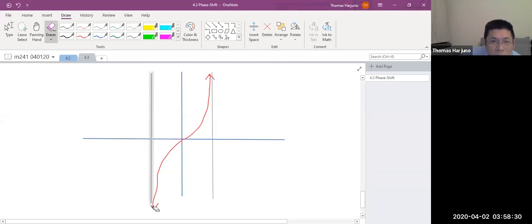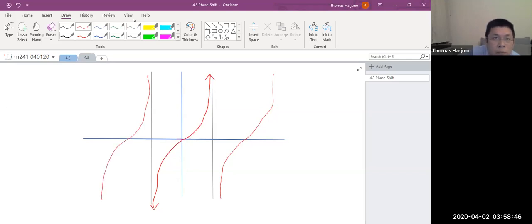It looks like this. And I will repeat this red pattern here again and again and again. So approximately it looks like this. Sorry for my ugly graph.